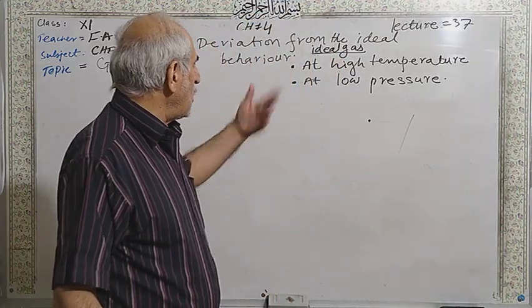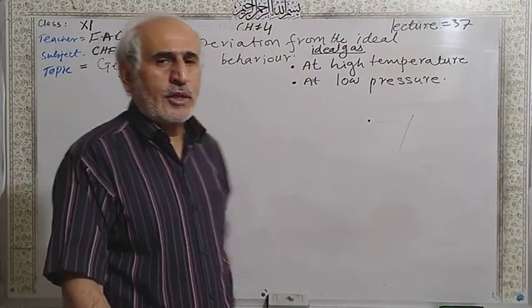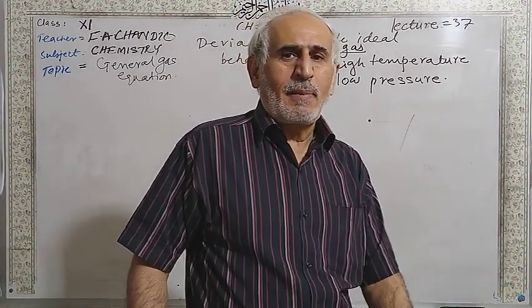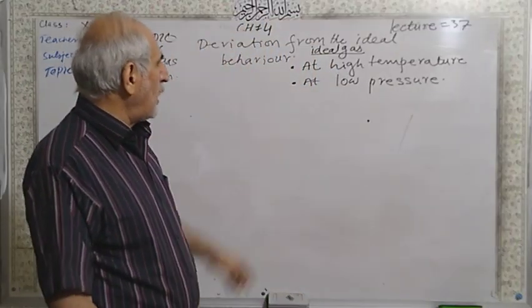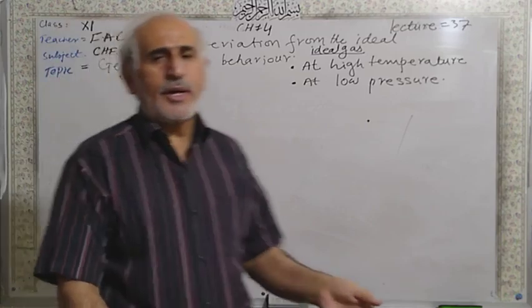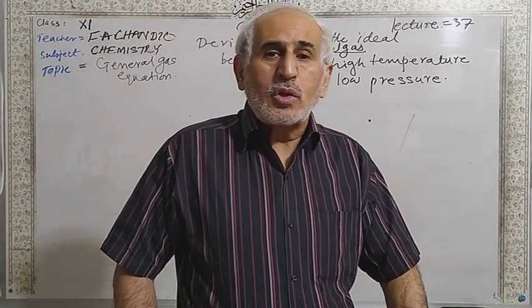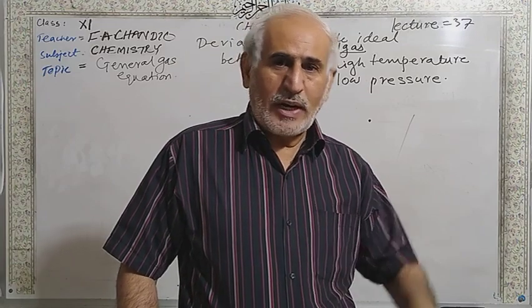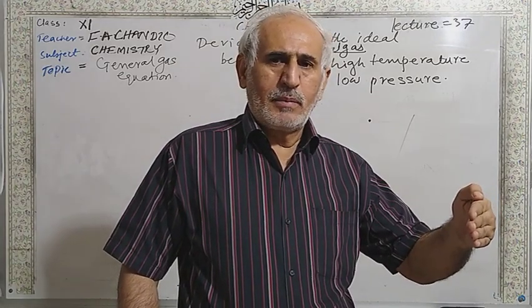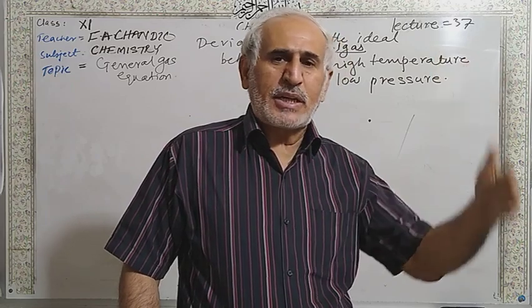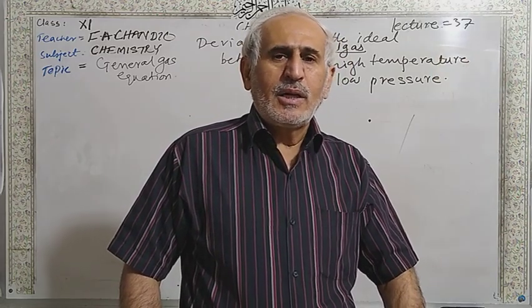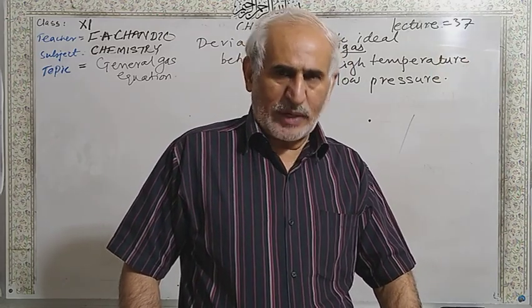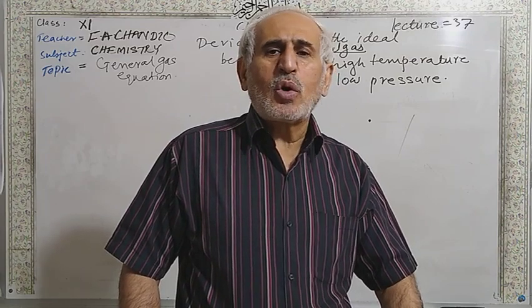But if you change the temperature from 25 to 100 degrees Celsius, and instead of 1 atmosphere you maintain 0.5 atmosphere, the ammonia gas behaves more ideally. So when you apply high temperature and low pressure, the gas will be more ideal.